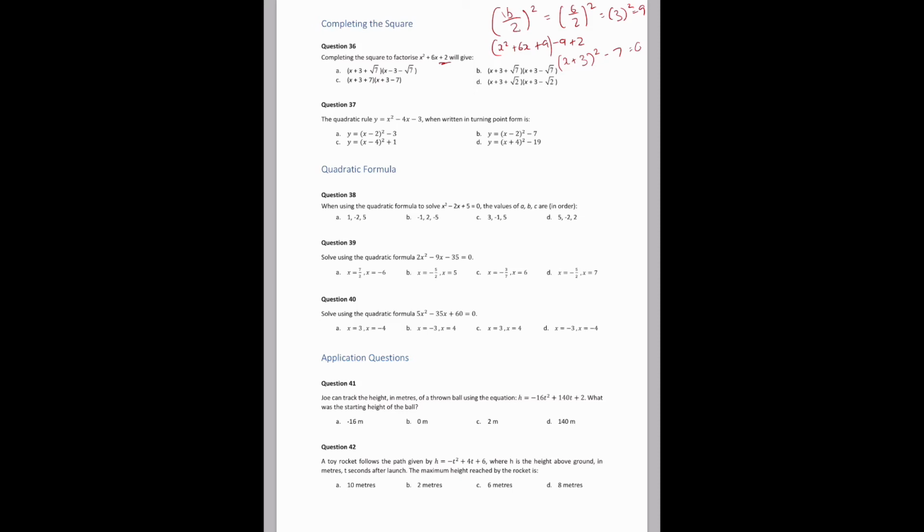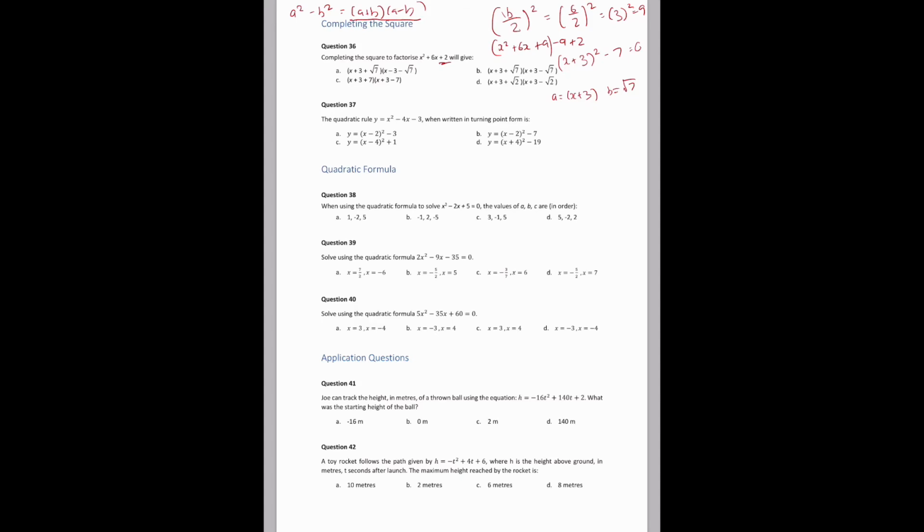A difference of perfect squares looks something similar to this, a squared minus b squared. I'm hoping you can see that a in this case is equal to x plus 3, and b is going to equal the square root of 7. Because this equals (a plus b)(a minus b), we just substitute our a and b values into these brackets to find our answer.